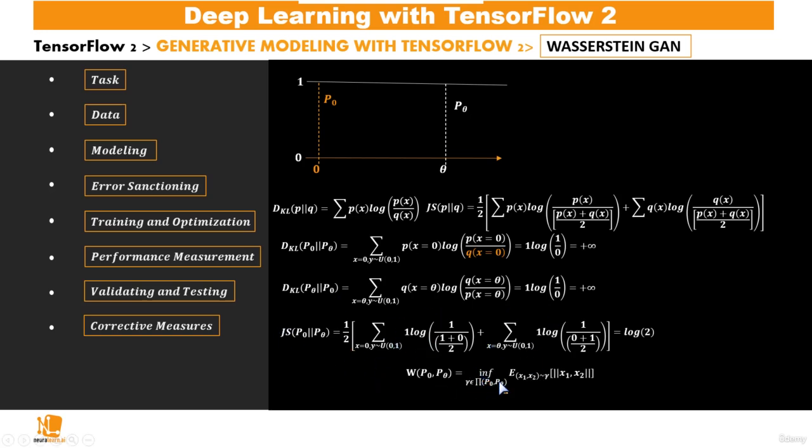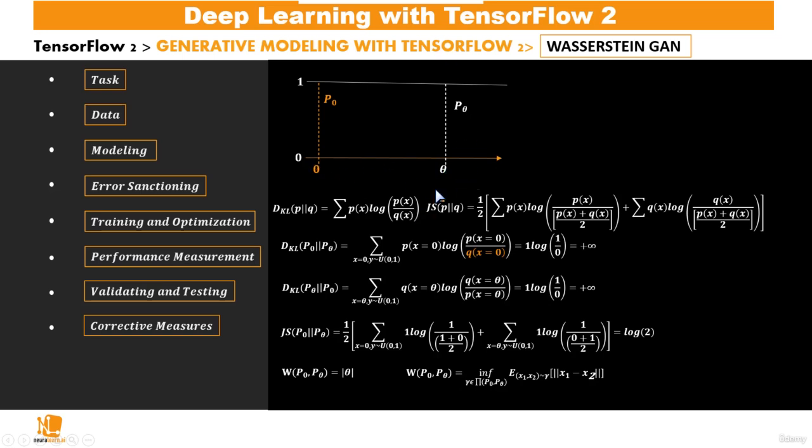So this is how it was obtained in the paper. Then right here we rewrite the EM distance given in the paper. Note that we've moved from x, y to x1, x2, so that you see that this is computed between two x values, so between two values on this axis. That's how we obtain the absolute value of theta, since with these two distributions, the distance between them is theta.